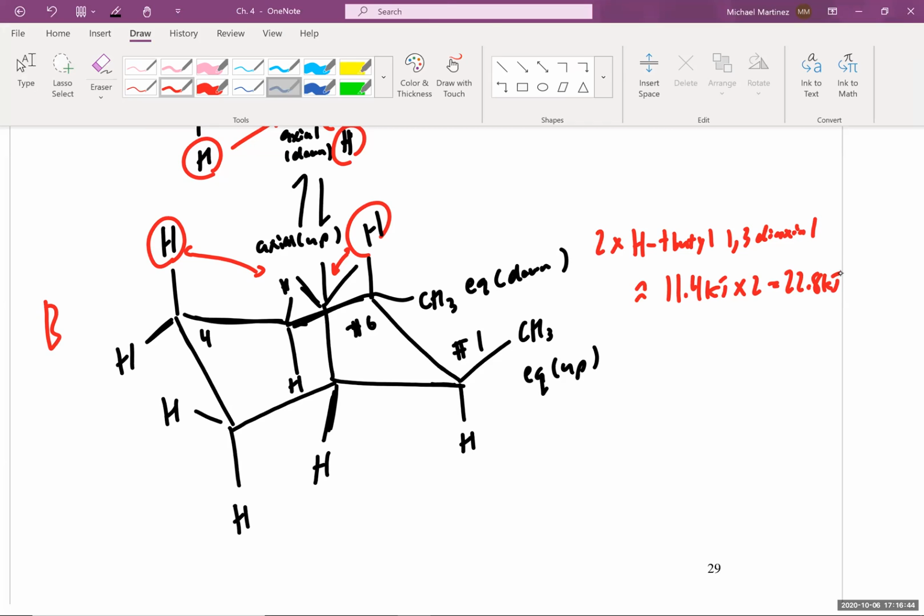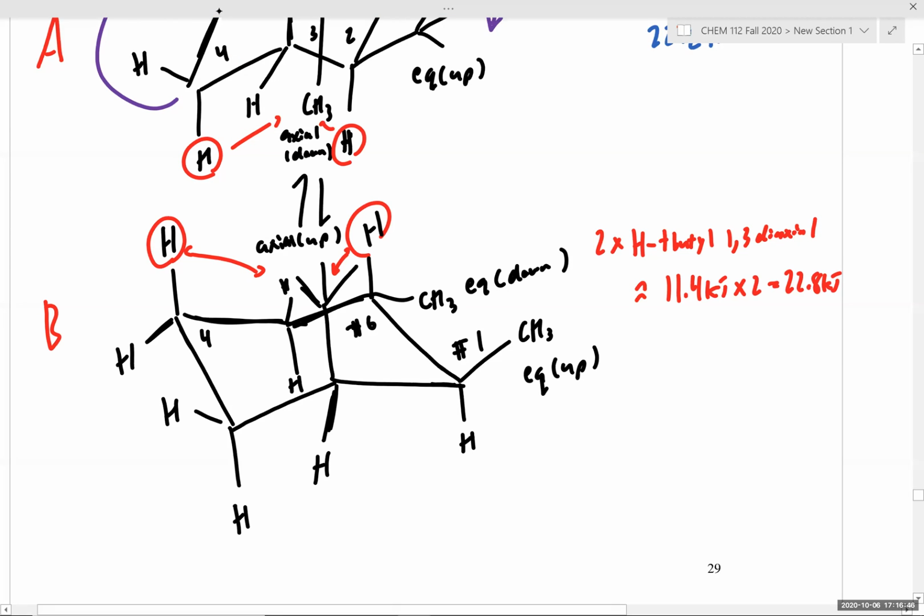For students who are noting also in the chat, outside of these diaxial interactions, we also have a methyl-methyl gauche interaction, which costs us about 3.8 kilojoules.